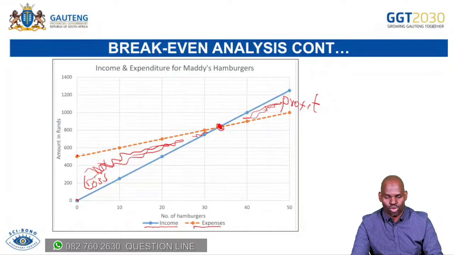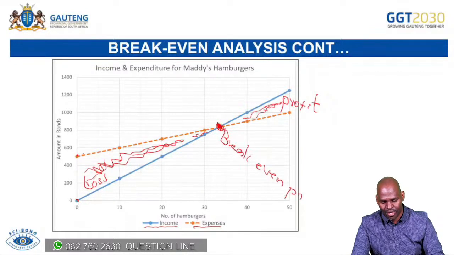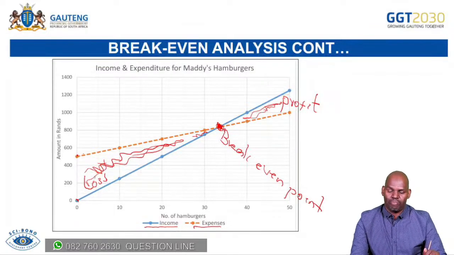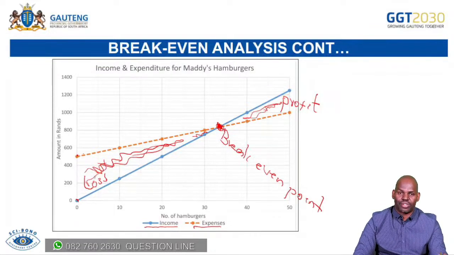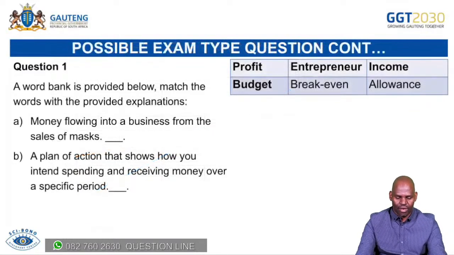And on this one, it's a break-even point. At the break-even point, you are not making a profit or a loss. So that is another graph of break-even analysis.